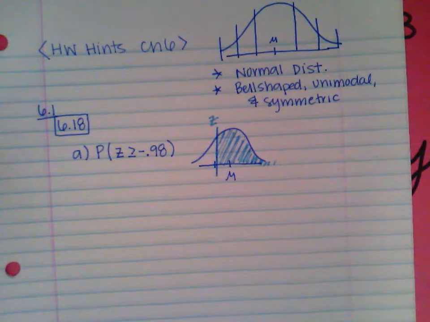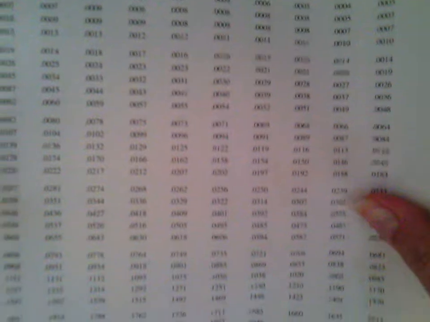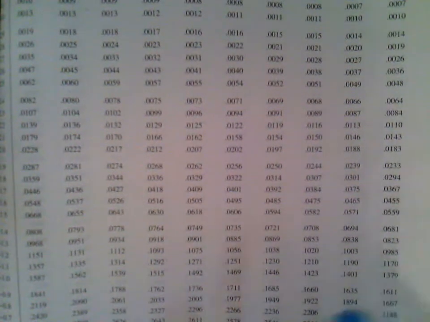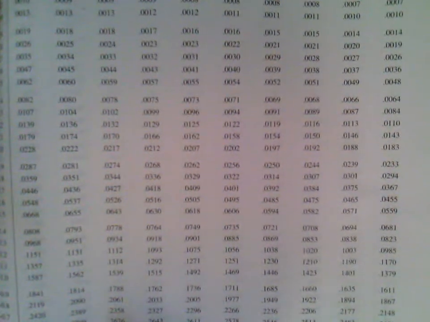That's helpful when you go to your normal distribution chart in the back of the book or online or wherever you're looking at a normal distribution chart, because the probability that it gives you, I'll try to put this underneath the document camera here, is going to be the left side. It is always going to be the left side.